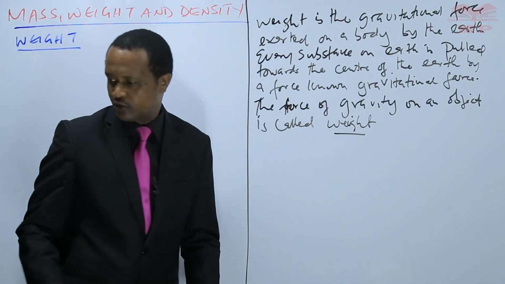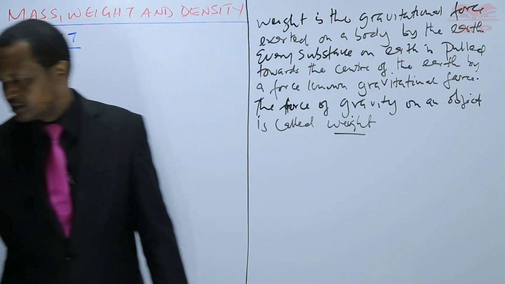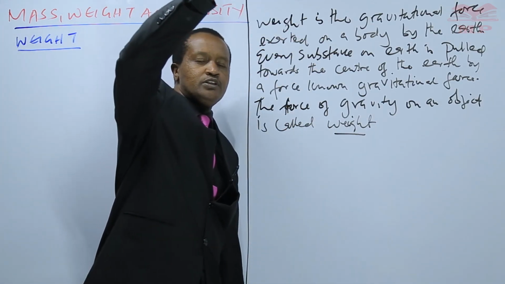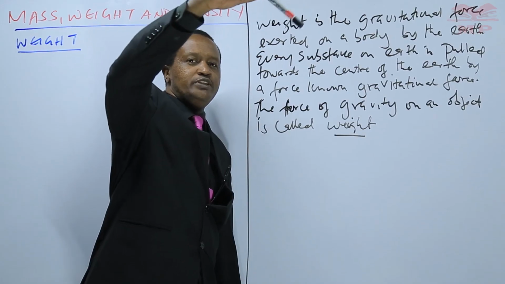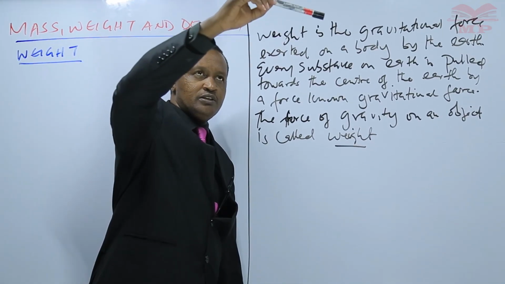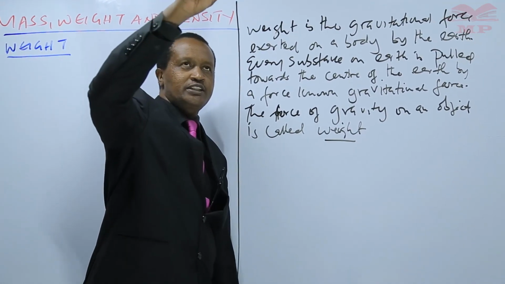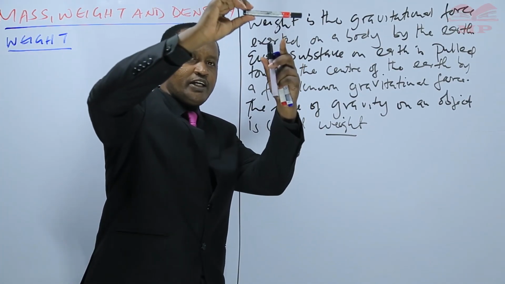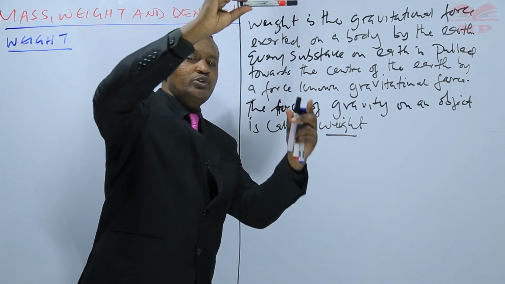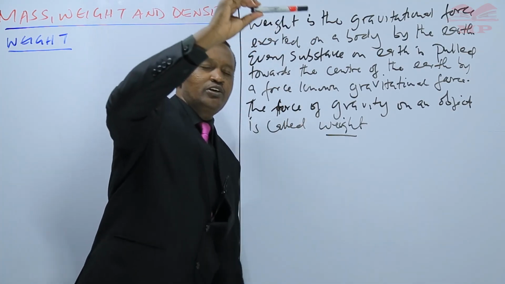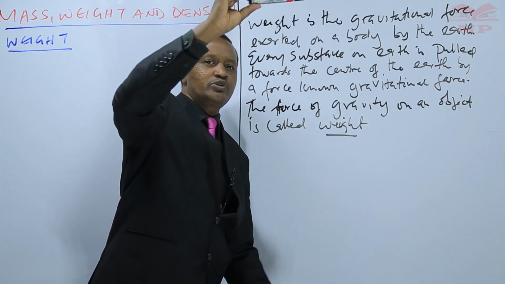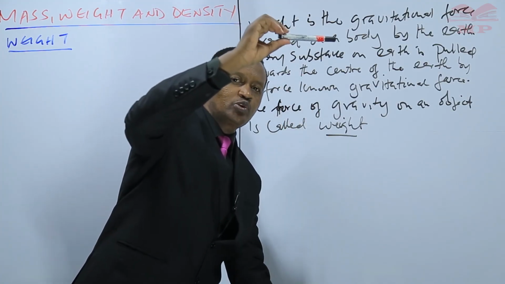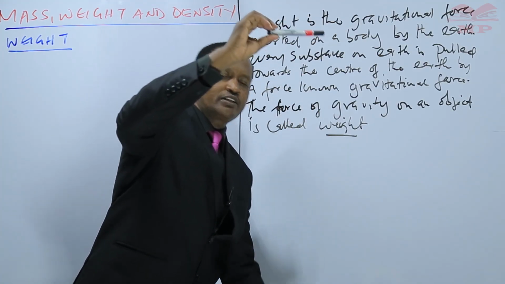I gave an example of an object. This is an object. If I was to drop this object, not throwing it, but just leaving it without exerting any force, this pen will find its way towards the center of the earth. So the question is, what makes this pen drop down towards the center of the earth?